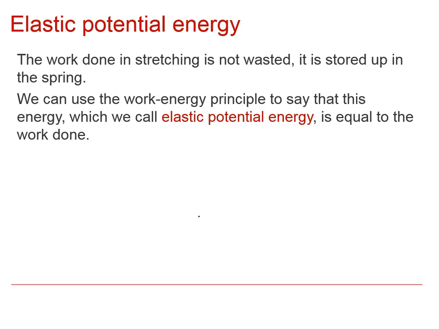So that work done in doing that stretching isn't wasted, it's stored in the spring, and we call that elastic potential energy. And we can say, because of the work energy principle, that the elastic potential energy is equal to the work done, which is lambda x squared over 2L.